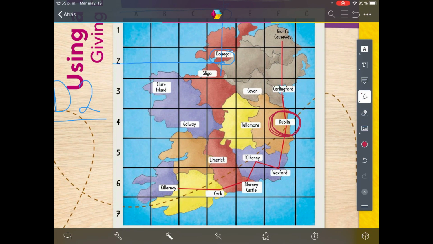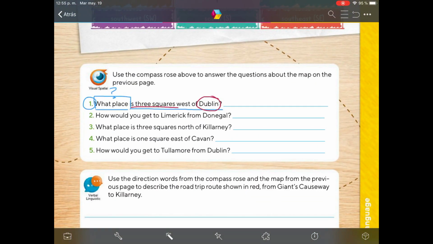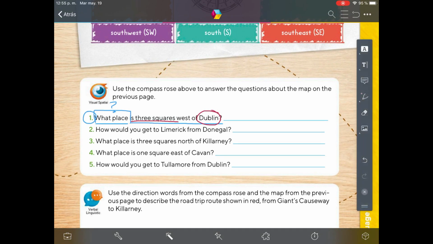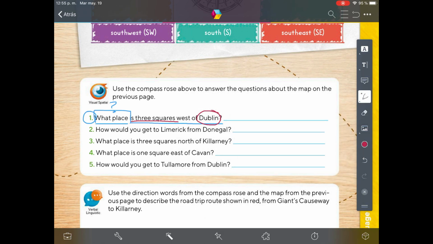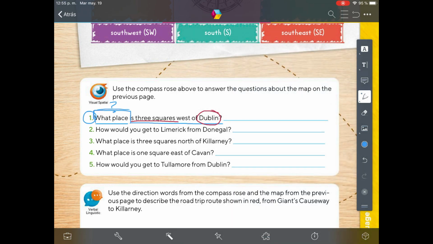Now, from there, look at the question again. It says, what place is 3 squares west? Another thing we have to do is identify west. In what direction is the west? Is it down, to the right, to the left?